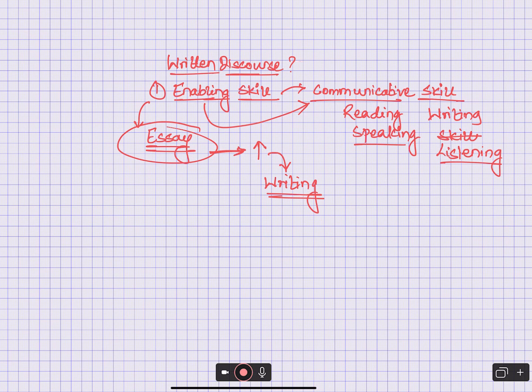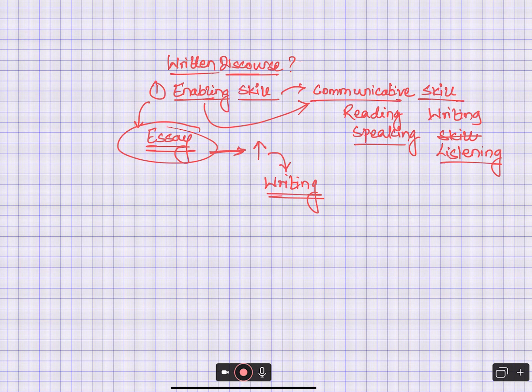Which means, if you improve your written discourse score, you increase your score in essay writing, thereby increasing your score in writing only. From that perspective, this skill is not as important as other enabling skills such as pronunciation or fluency or grammar, vocabulary and spelling.